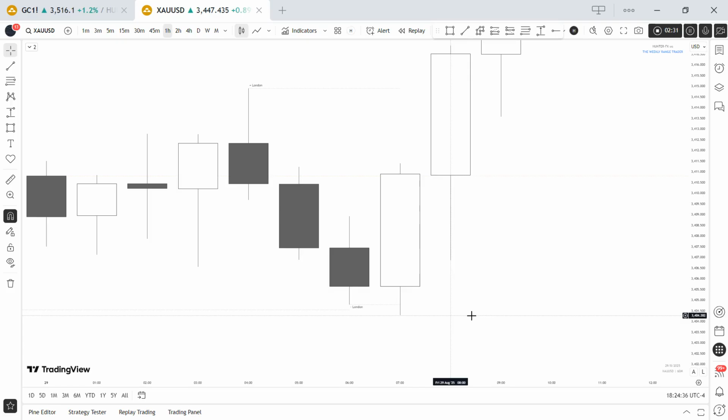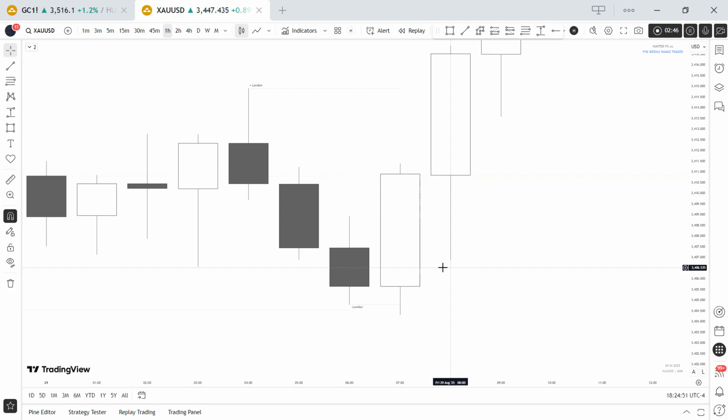Is that okay? This is candle number one, this is candle number two, this is candle number three. That's a swing formation.